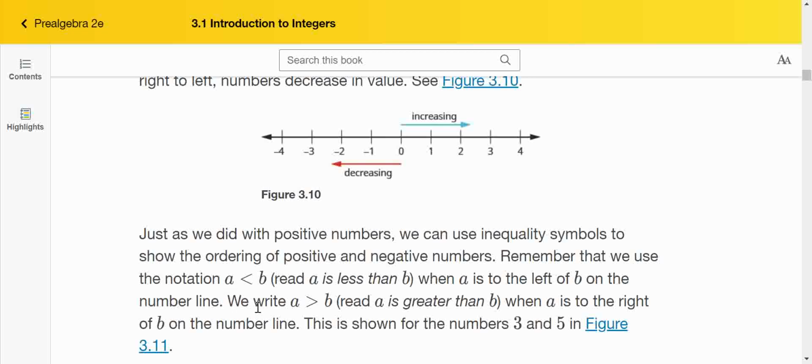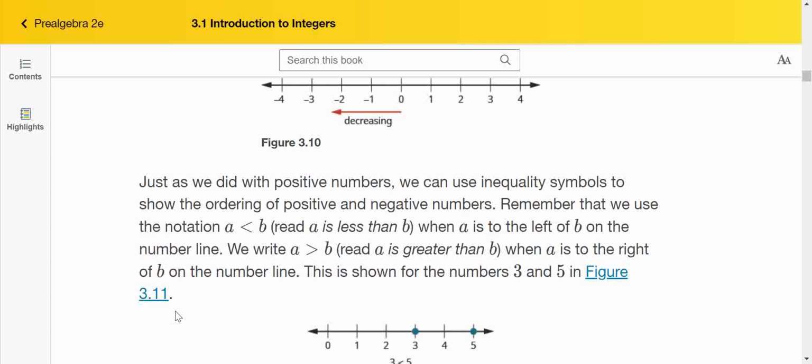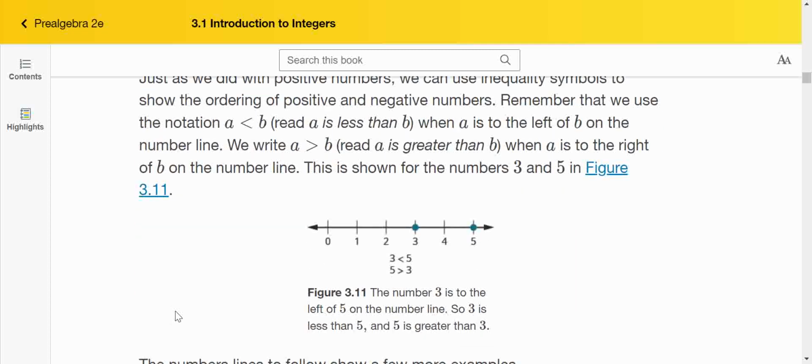We write A is greater than B when A is to the right of B on the number line. This is shown for the numbers 3 and 5 in Figure 3.11. The number 3 is to the left of 5 on the number line, so 3 is less than 5 and 5 is greater than 3.